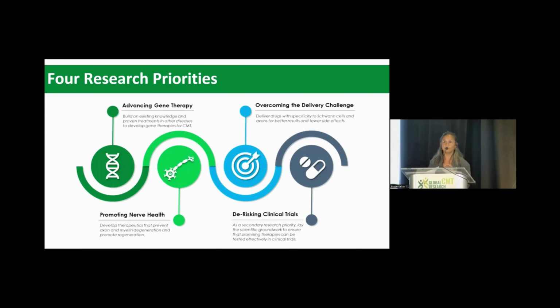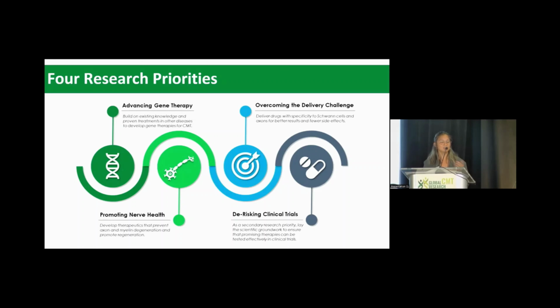And so if you can narrow that down and do some replace or blocking, for example, for PMP22, in CMT1A, where there's too much of the protein, it actually causes demyelination.